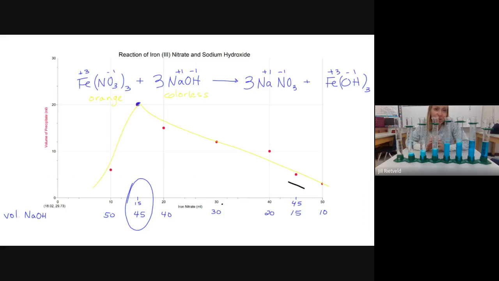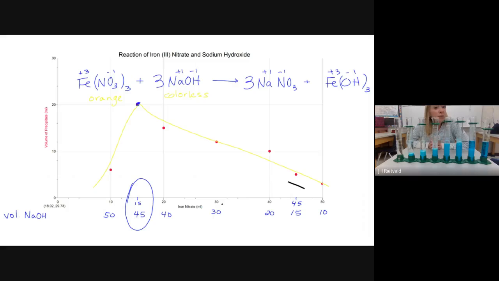But if I look at the ratio in the balanced equation, it should be a 1-to-3 ratio of iron nitrate to sodium hydroxide. And so look at that peak. The optimal ratio, if I follow it down, it really should be about a 15 milliliter to 45 milliliter, 1-to-3 ratio. It should match the ratio in the balanced equation.